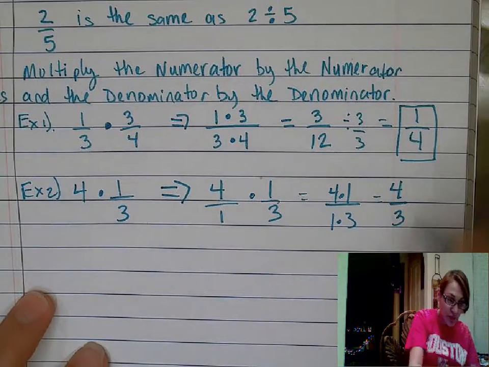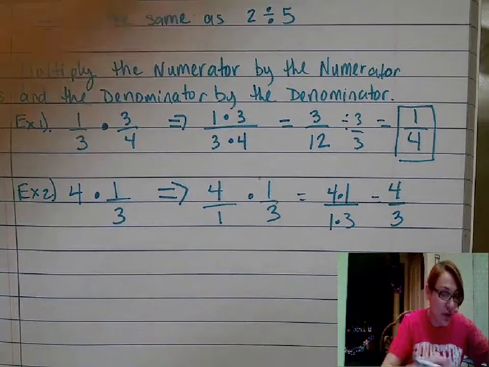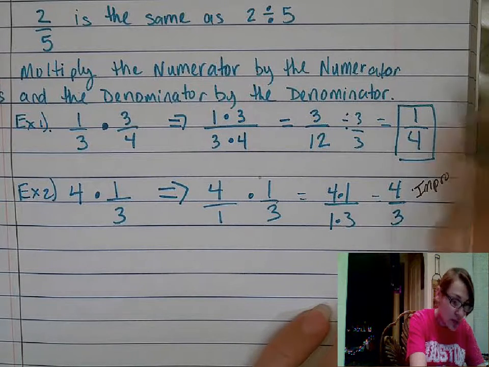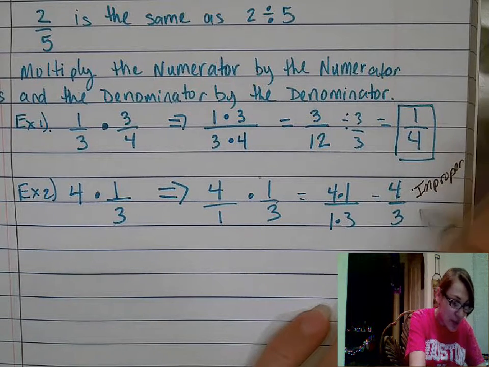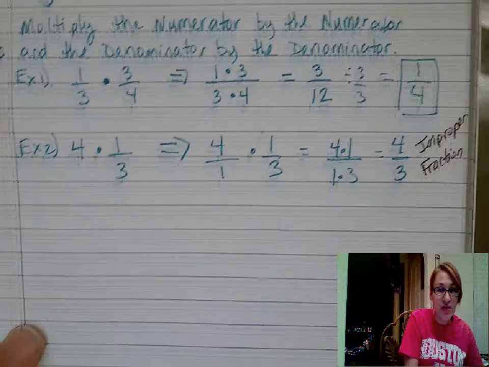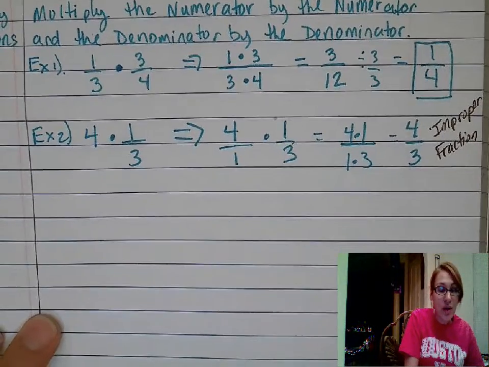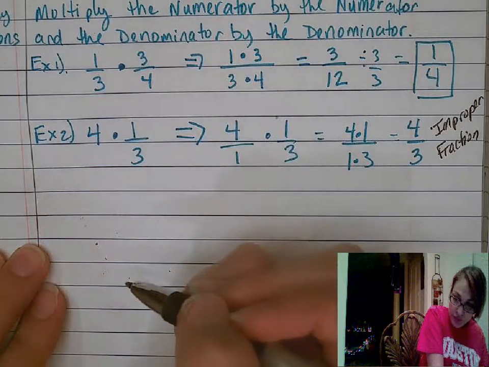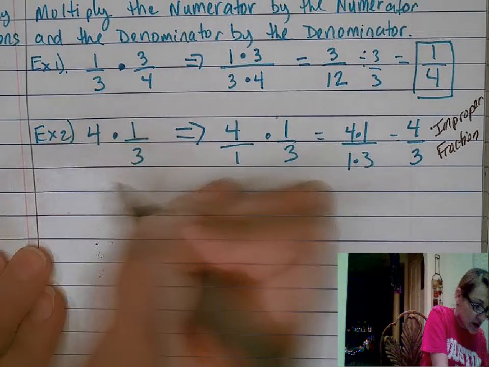So make sure you name that. Make it a different color. So this is an improper fraction. Making sure y'all can see that. Mine's slanted. Let me move this up a little bit there. Alright, so when you have an improper fraction, let's put it here.